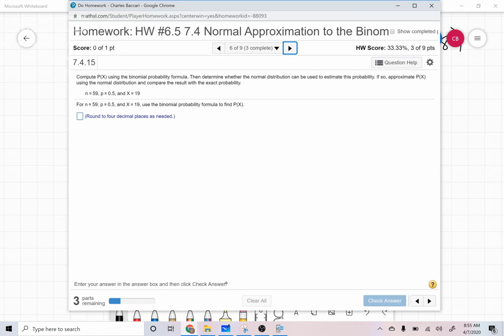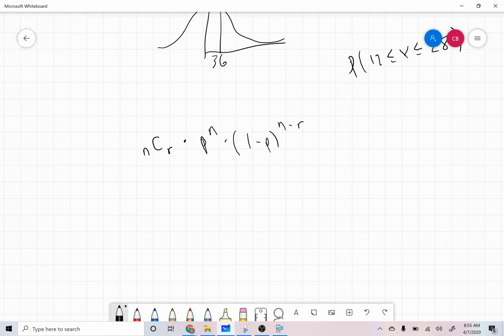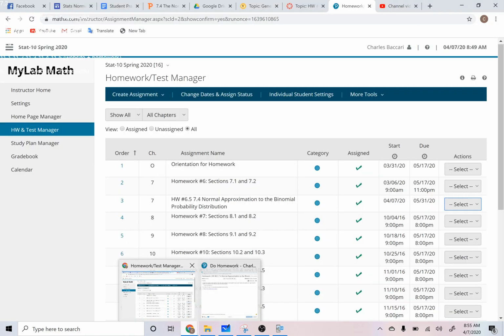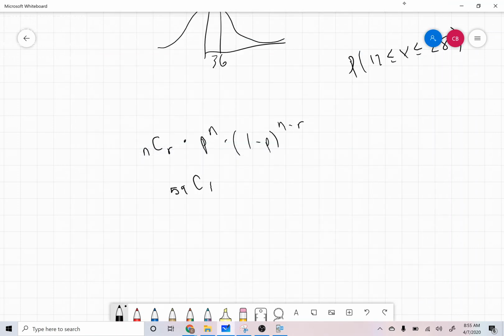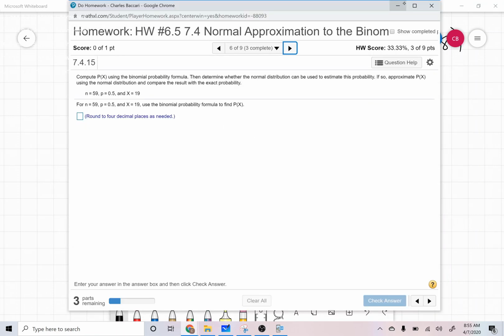In this case, they give us n is 59. Choose, and they want us to do the probability of getting exactly 19, so choose 19. And this is what we did in class the other day.